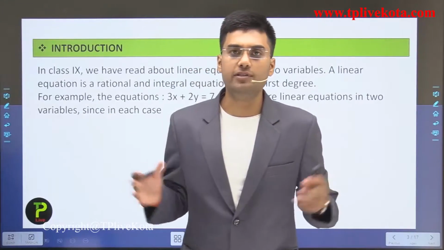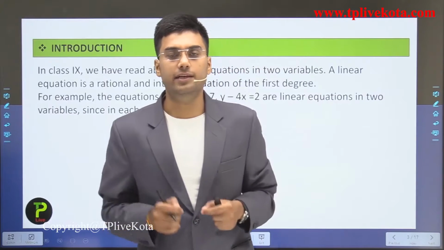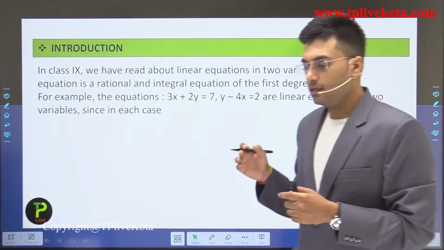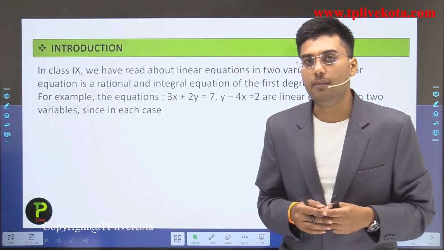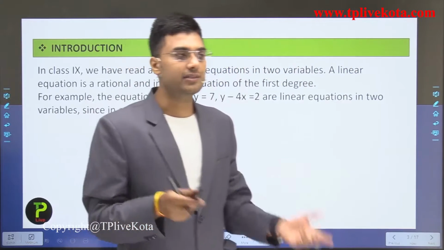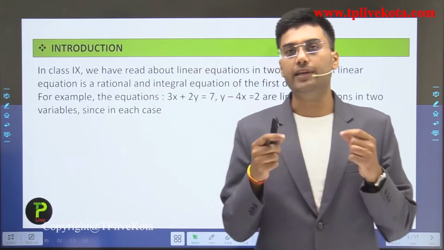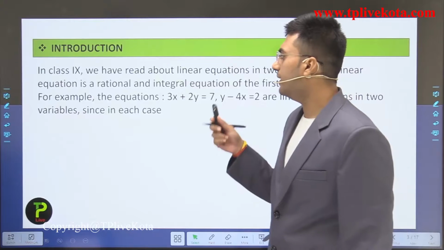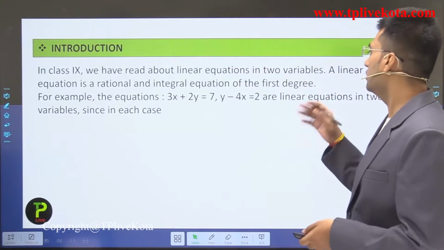Before starting this chapter, let's get introduced to linear equations in two variables. In class 9 we already studied linear equations in two variables, and we discussed what the solutions of linear equations in two variables are.